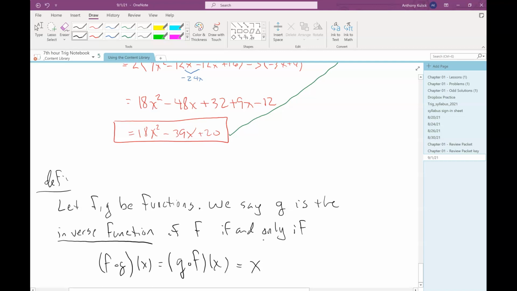So we say that if f and g are functions, we say that g is the inverse function of f if and only if, when we do the composition both ways, they both give us x as the result. Everything cancels out, and all that we're left with is x.